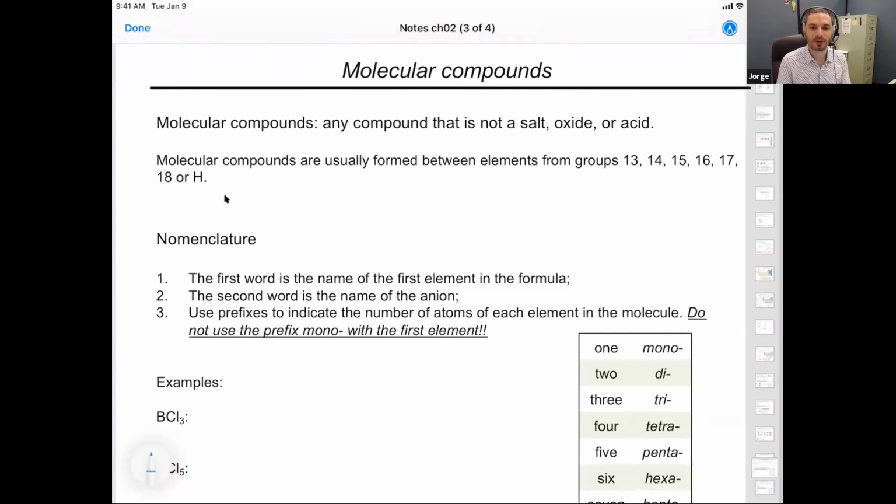So it's whatever is left over from salts, oxides, and acids.